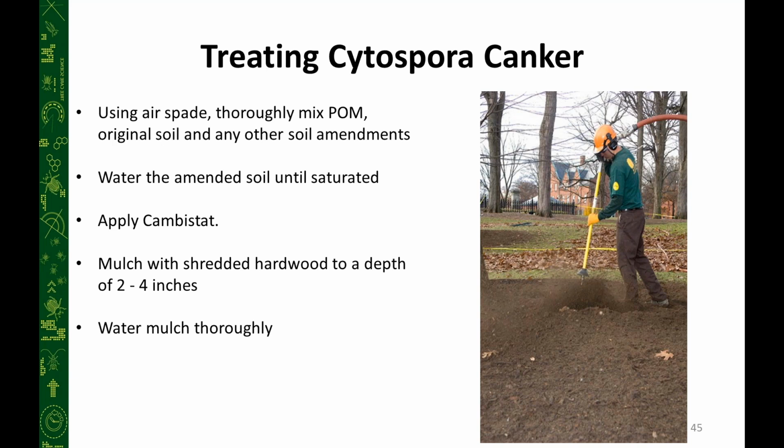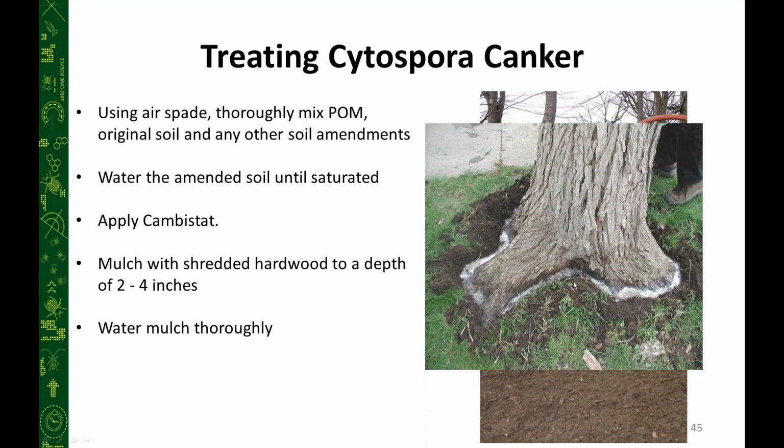And so what we're doing is we're taking an air spade and we're decompacting a predetermined area of soil around the tree. We are then going to add soil amendments to the soil based upon a soil sample. We'll apply Cambistat in this case, because we know Cambistat is going to help improve fine root development.